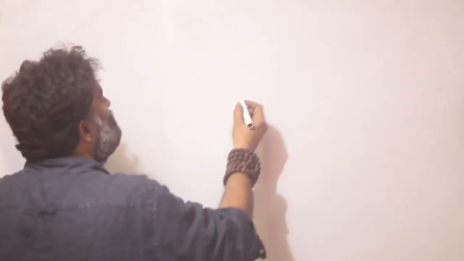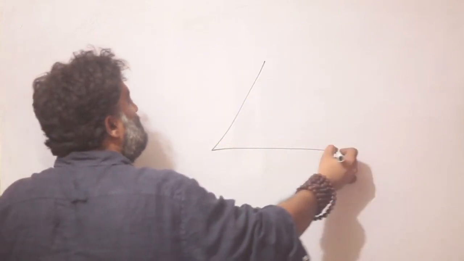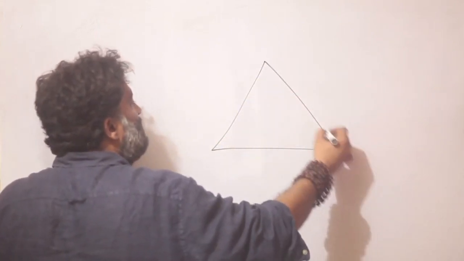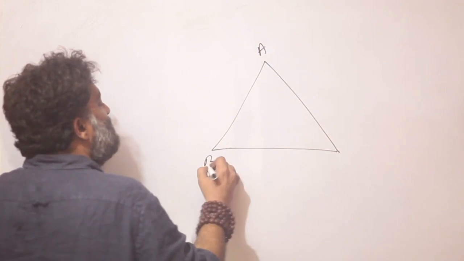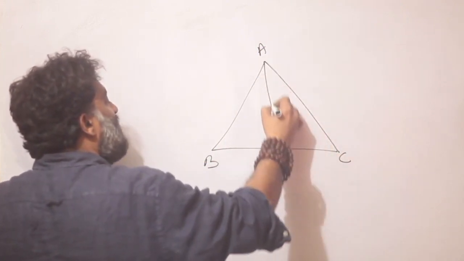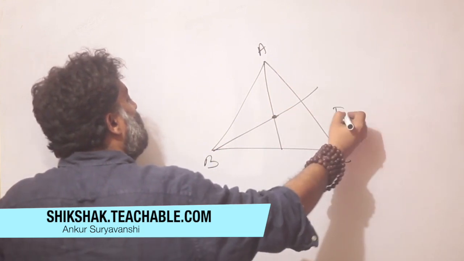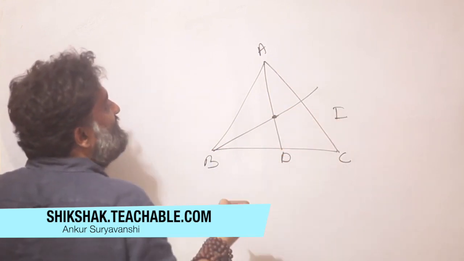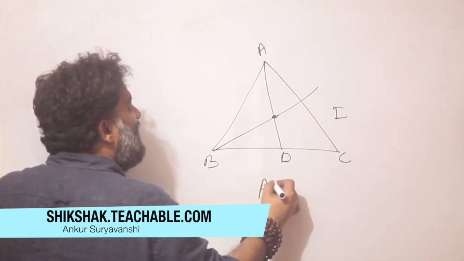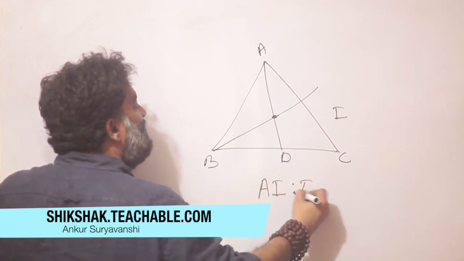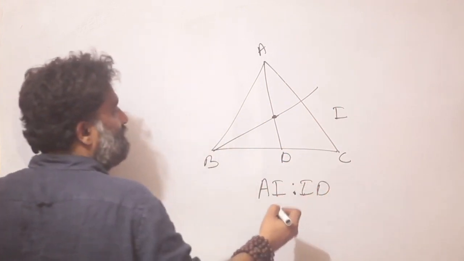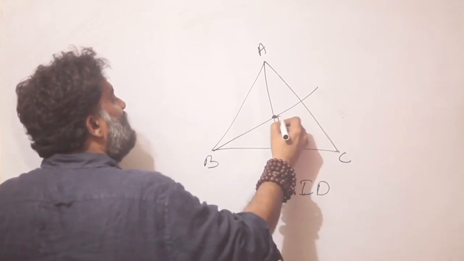But before we get into the properties of the incentre and the incircle, a very basic property is that if two angle bisectors meet, and let me call this point I for easy reference, and this point is D, so AI is to ID. Let me move I here.